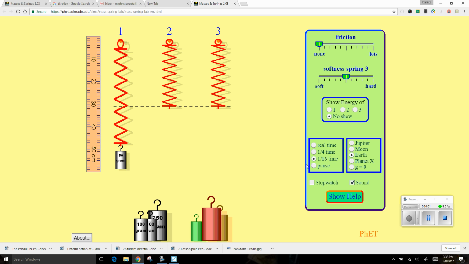Because if air resistance was present, this would not keep on going. And I can slow this down and see that the mass is going to return and go back to the same distance above the starting point each particular time. This is why a mass spring system is experiencing simple harmonic motion.